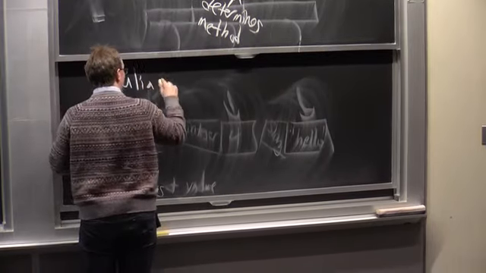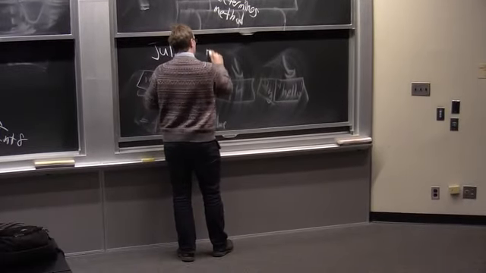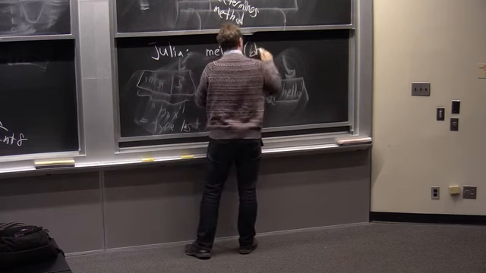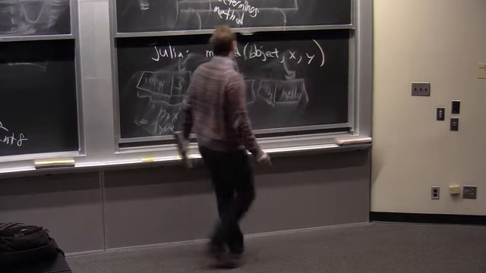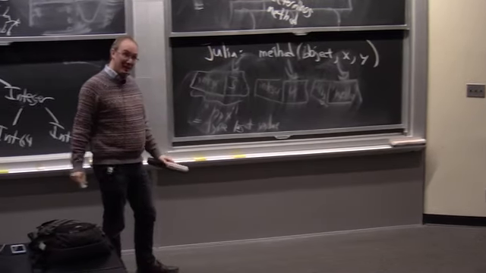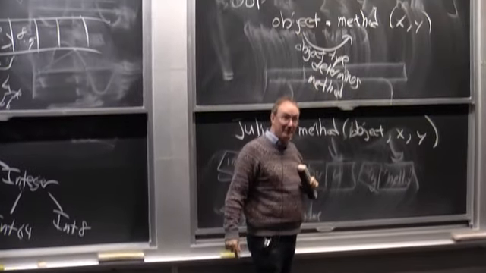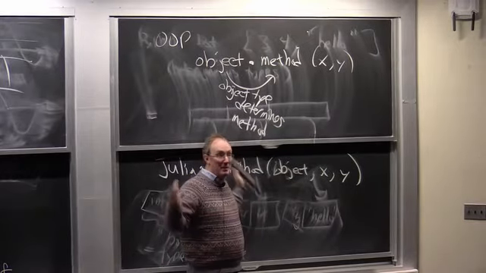In Julia, the way you would spell the same thing, you'd say method(object, x, y), so you wouldn't say object.method, right? Here you think of the object as sort of owning the method. In Julia, the object would just be maybe the first argument.